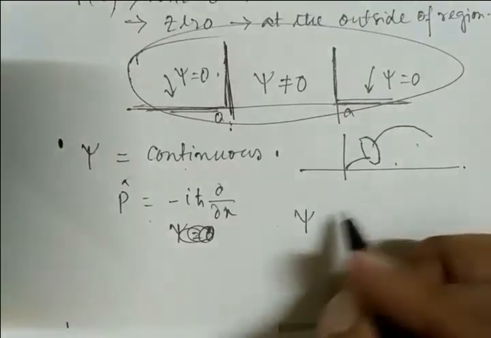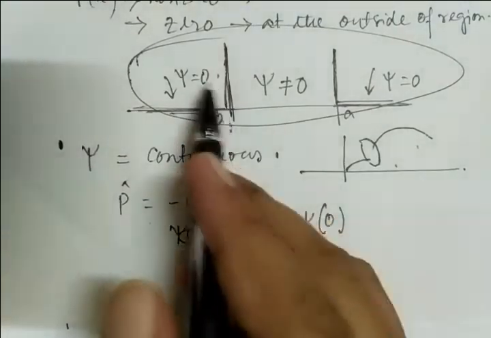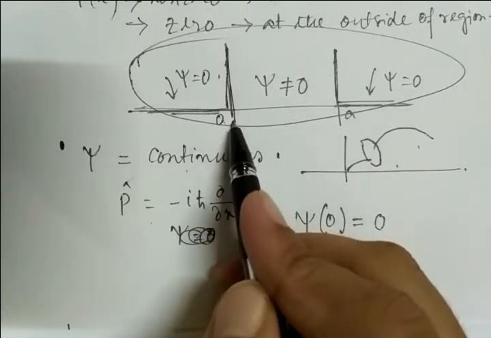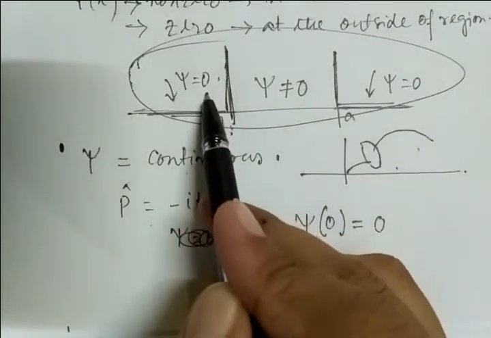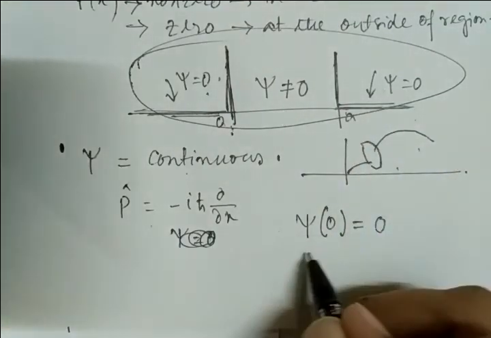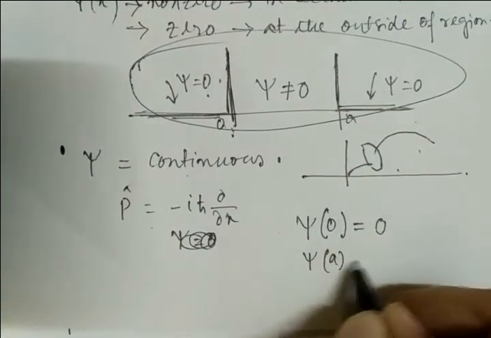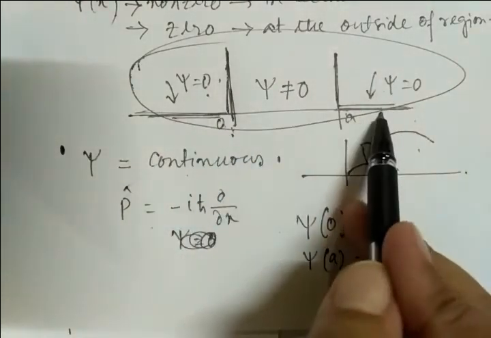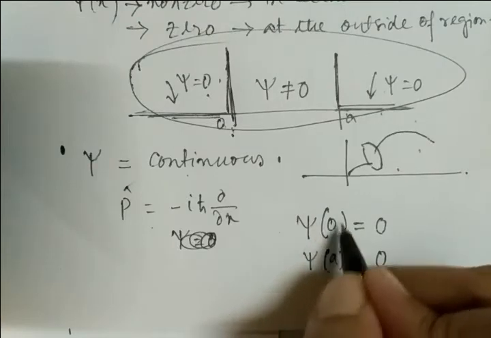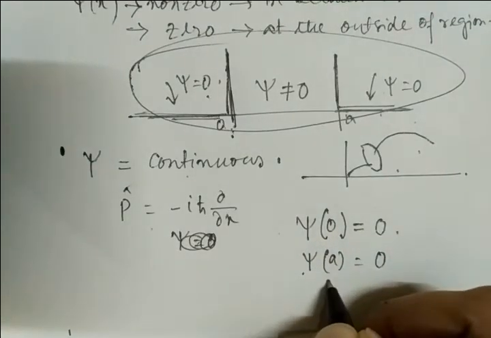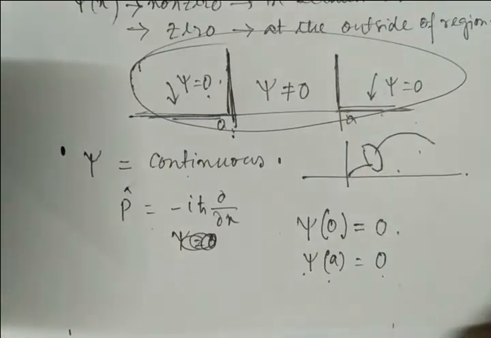Another way I can write that is psi of 0 equal to 0. Yes, at the point 0 the value is 0, and at the point a and beyond that point psi equal to 0. So we can again write that psi of a is also equal to 0. So from this figure it is very clear that psi at the point 0 has functional value 0, and psi at the point a has functional value also 0.